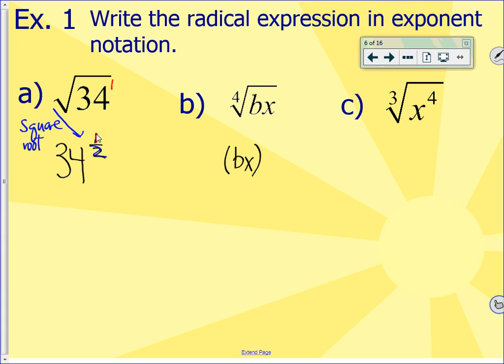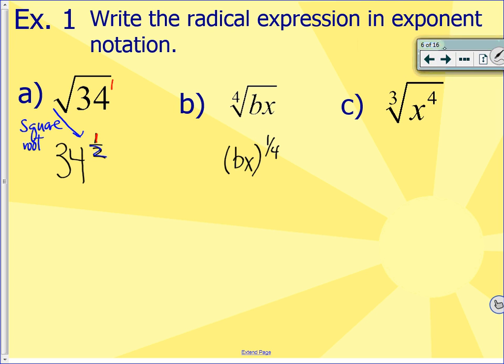This is B. Isabel, to what power? 1/4. Good. 4th root is the same as the 1/4 power. And how about C? How would I rewrite that? Charlize? 4/3. Good. So the power goes on top, the root goes on bottom.